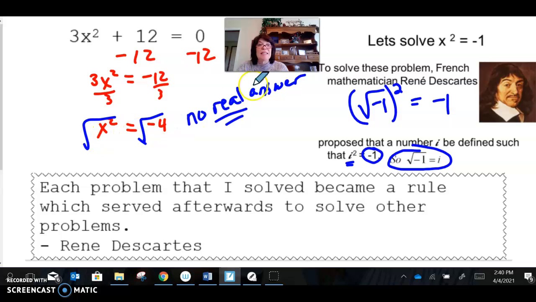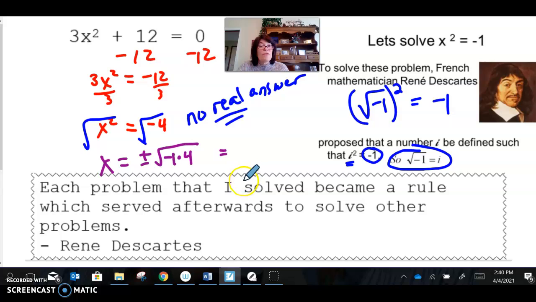Okay, so now I can continue with this problem and say x equals plus or minus, I'm thinking of this as the square root of negative 1 times 4. That's still negative 4. We just said that the square root of negative 1 is this imaginary number called i.